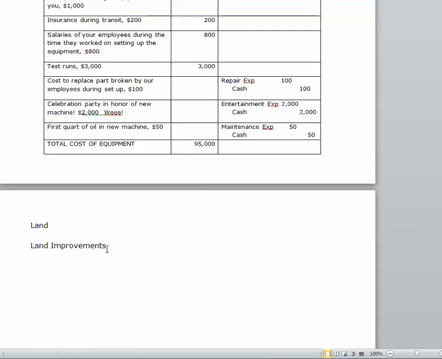Now we don't just put those into the land account itself, because we just said that land lasts forever and it's not depreciated. But land improvements like a parking lot or a sidewalk or a fence, those things do have a limited life, so they will be depreciated over their estimated lifetime. So you can read about land improvements in the first learning objective of Chapter 9.